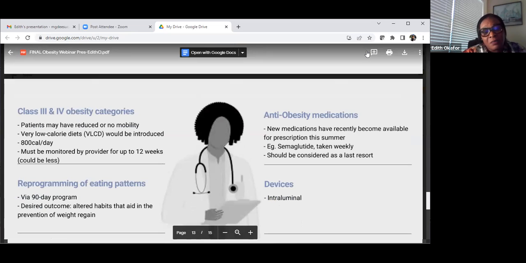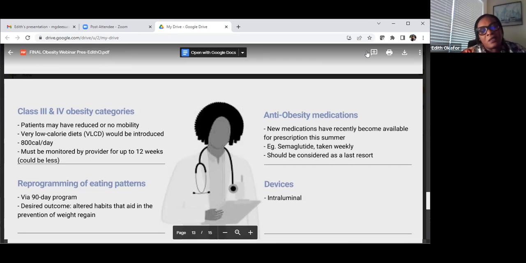And then in this program, when we see the patient is losing the weight, we start to reprogram. What is this reprogramming we're talking about? It dwells on the life patterns, the sleep pattern, the eating pattern and all that. This is what is encompassed in the 90-day program.